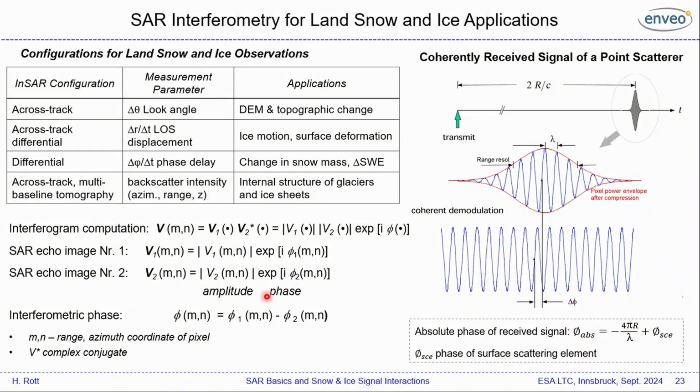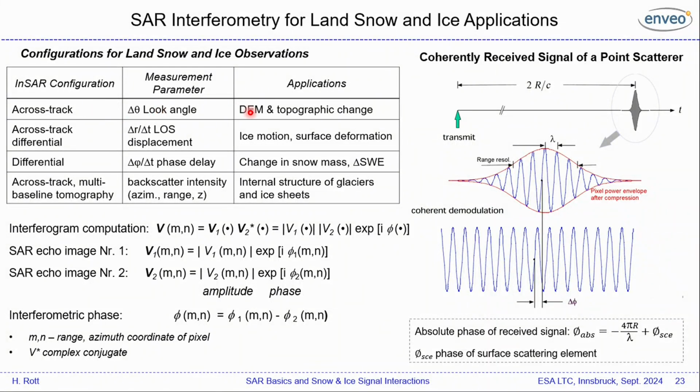At first, I mention here the configurations for land, snow, and ice observations. There are still other interferometric configurations like along-track interferometry and so on, but I just picked out those which are of most relevance for glaciology.